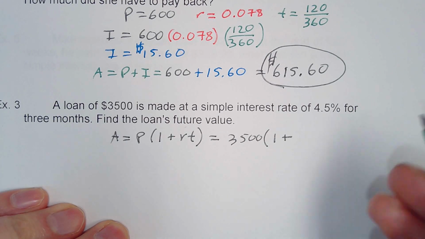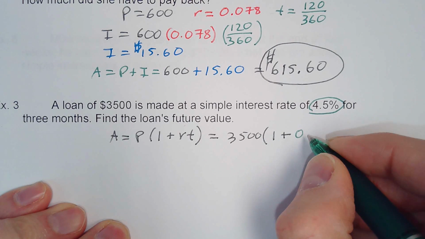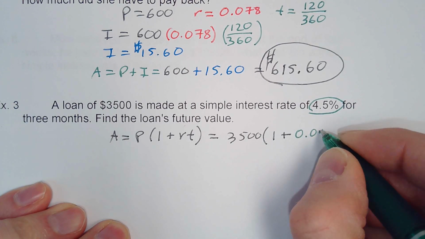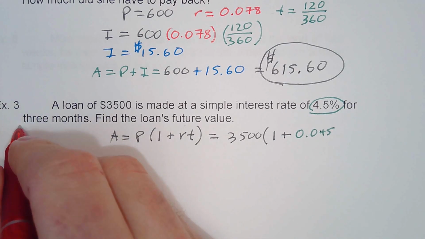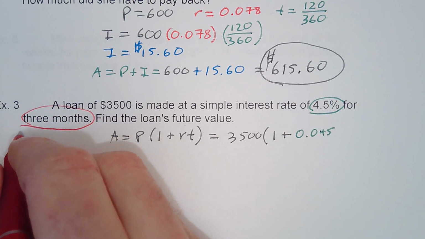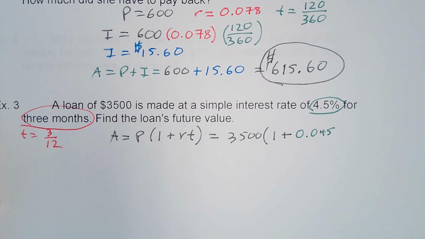My interest, again, I got to write that as a decimal, 0.045. And now my time here is 3 months. Well, that's 3 over 12 because there's 12 months in a year.